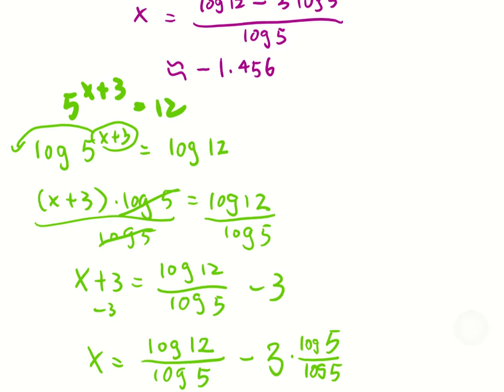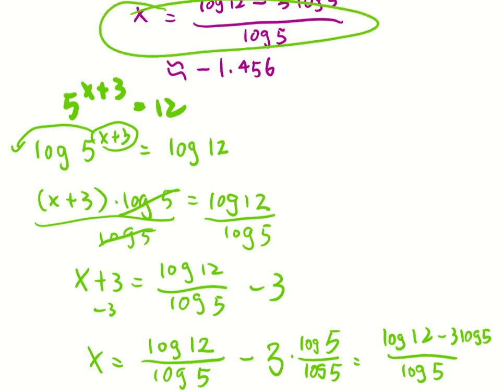And using the common denominator, subtract these two fractions, you have log of 12 minus 3 log of 5. It's the same answer as our last way of solving it. So same solution.